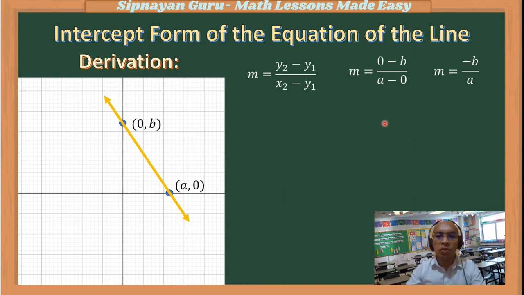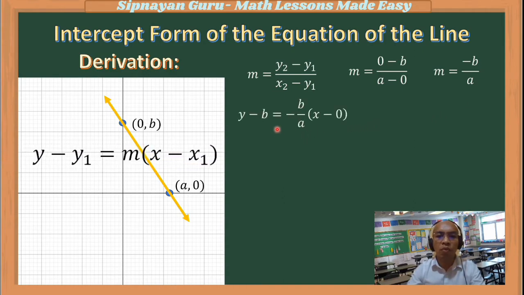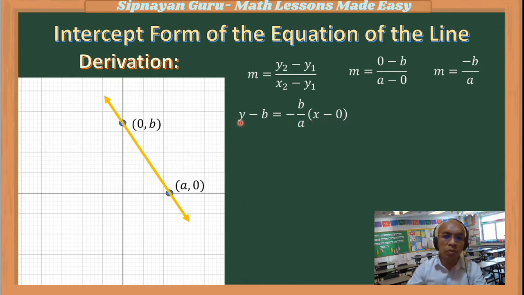Now, if we substitute these values to the point-slope form formula, which is y minus y sub 1 is equal to the slope times x minus x sub 1, this would be y minus b is equal to the slope times x minus 0, which is our x sub 1. For the simplification, this would be y minus b is equal to x minus 0, which is x, times negative b over a, so this would be negative bx over a.